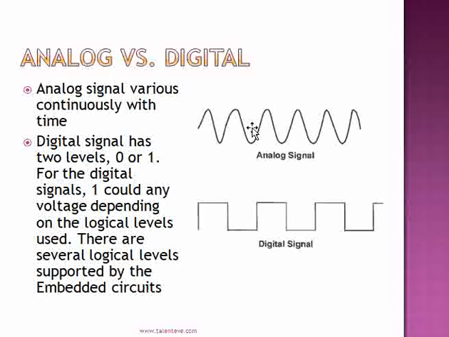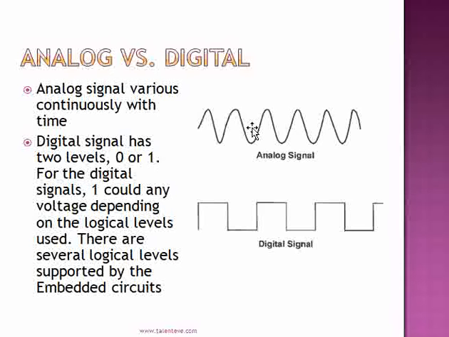Zero is a low level, that is understood. High can be different values, right? High could be 1.8 volt, 2.5 volt, 3.3 volt, 5 volts, sometimes plus 12 volts, whatever. So there are several logical levels that are associated with the digital signal.